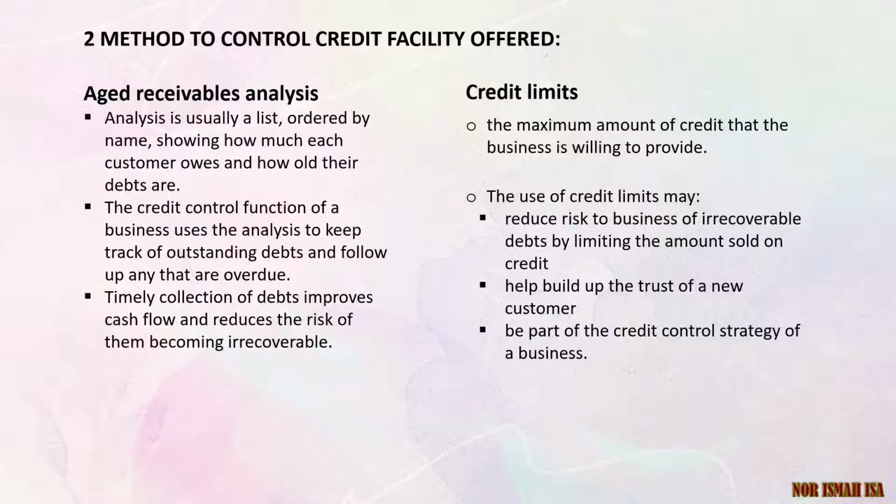The use of credit limits may reduce the risk to the business of irrecoverable debt by limiting the amount sold on credit. So they cannot buy anything they want, just up to the credit limit given, and it helps build up the trust of a new customer, as part of the credit control strategy of a business.